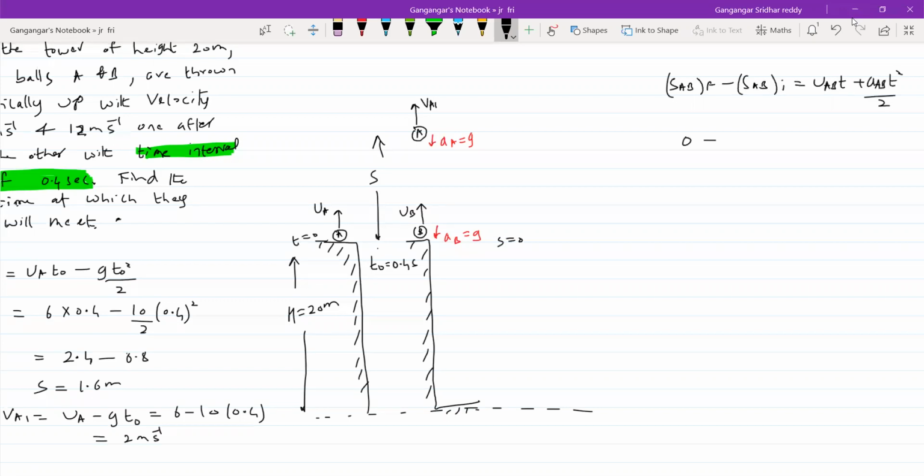So what is the value of S? S is 1.6. Shall I write directly? Yes, sir. Okay, so the initial separation will be plus 1.6.